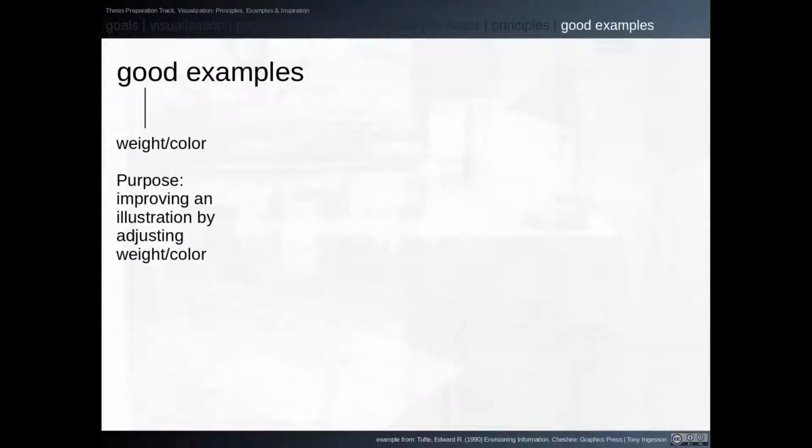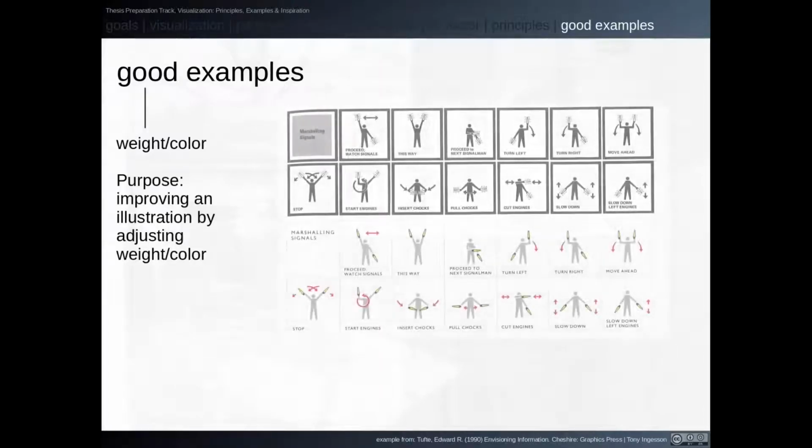Here's an example of how you can improve an illustration by adjusting the weight ratio and the colors. In the top example, you see the original marshalling signals illustration. Below that, you can see Tufte's version of it, where he has reduced the weight and added colors in a way that makes it easier to immediately draw the eye towards the most crucial points.